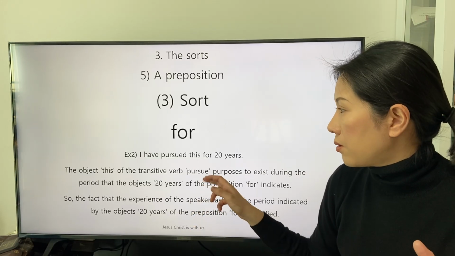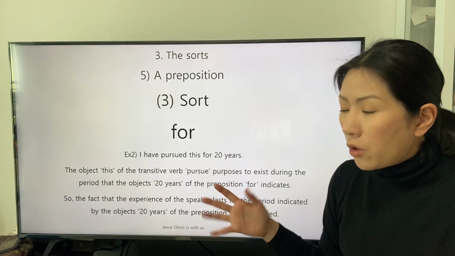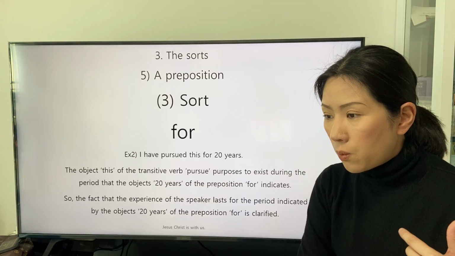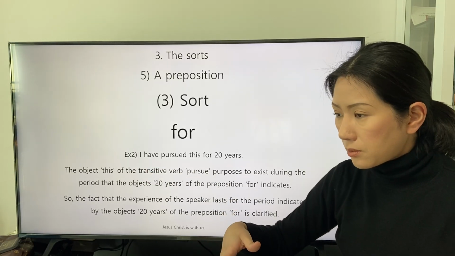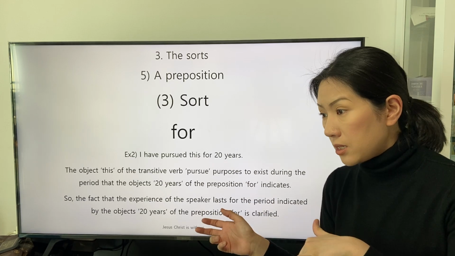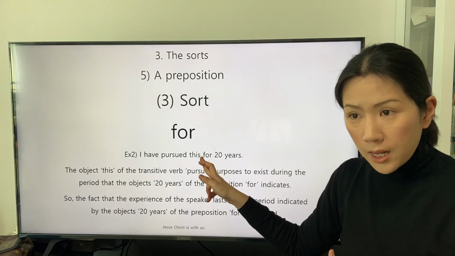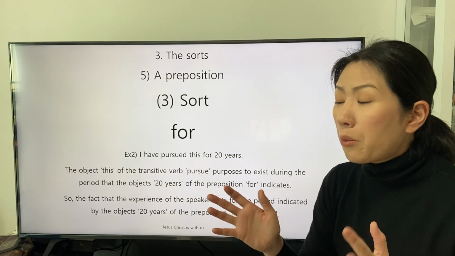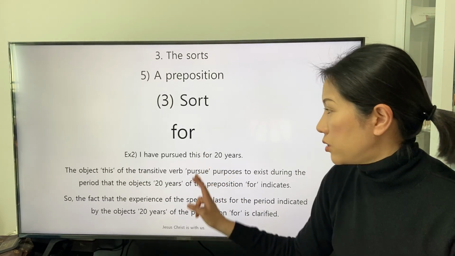We can understand the period when the experience of the speaker lasts is clarified by the definition of the preposition for that reveals the concurrent purpose of the subject of the preposition, this.